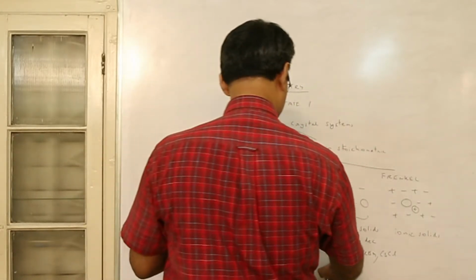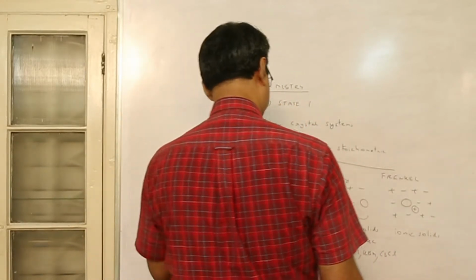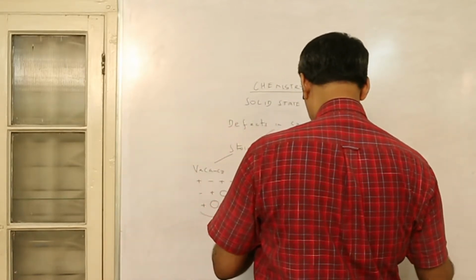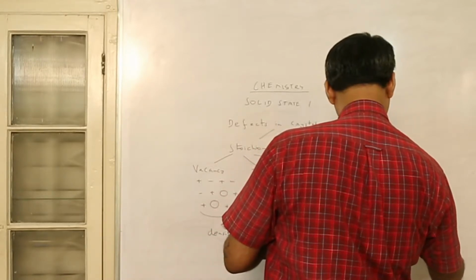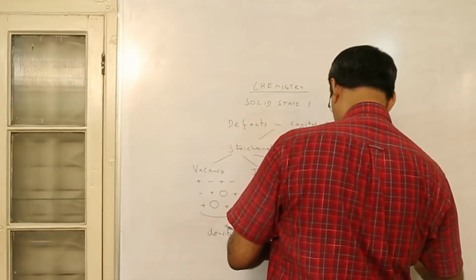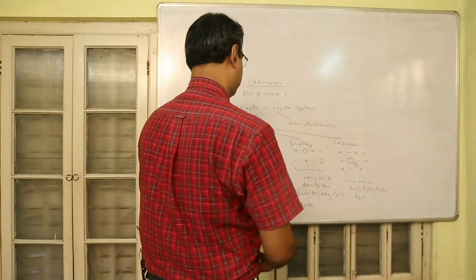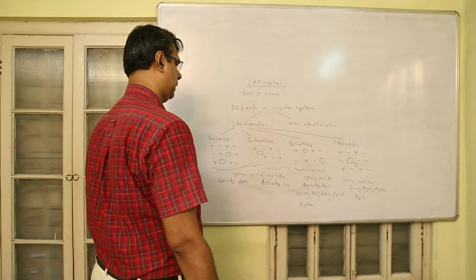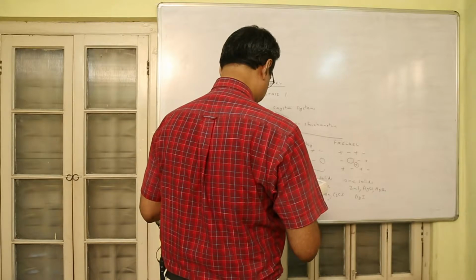Whereas Frenkel defect is generally found in case of zinc sulfide, silver chloride, silver bromide and silver iodide. So Frenkel defect is generally found in those solids in which the cation is significantly smaller than the anion.